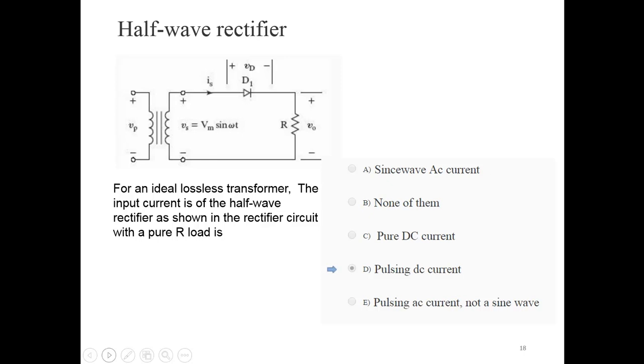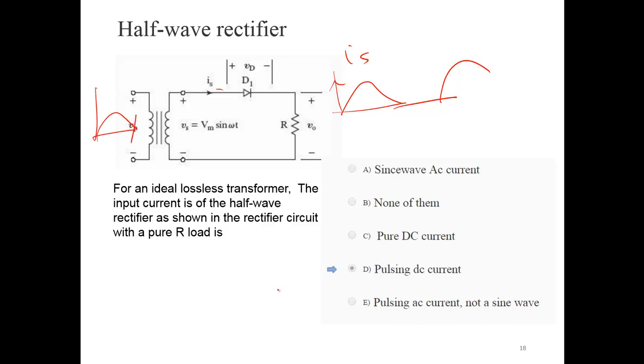What it says is that for an ideal transformer, the input current will be a pulsating wave. If this current here is the output, the current here will be like a half pulse. If this is your input, the output current, this load current, will also be like this. That means this is pulsating.